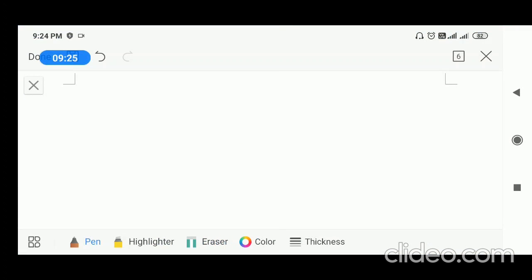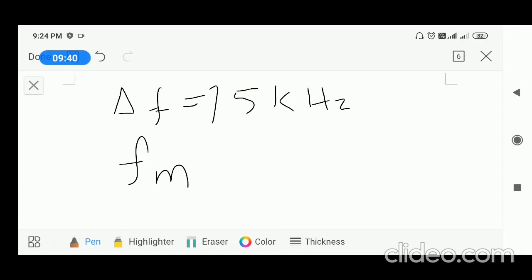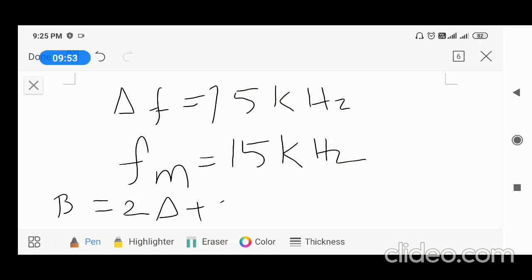In the problem they gave delta f equal to 75 kHz, whereas the modulating frequency fm is equal to 15 kHz. Then the bandwidth of the FM signal is given by 2 delta f plus 2 fm. 2 into delta f plus 2 into fm.